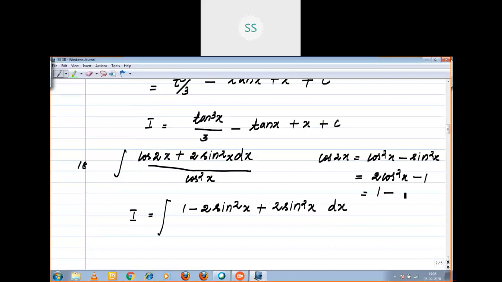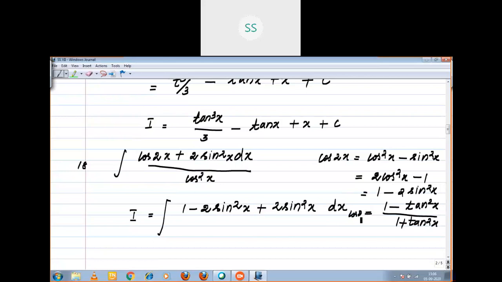Cos 2x equals 1 minus 2 sin square x, which is equal to 1 minus tan square x divided by 1 plus tan square x. You should adapt whichever is apt here.